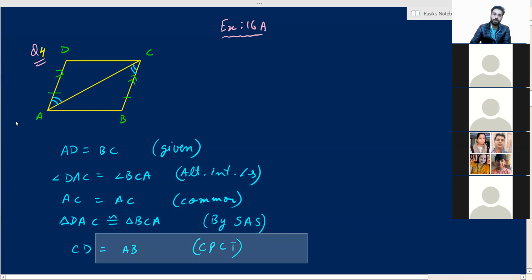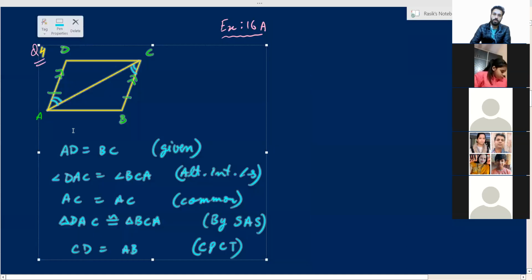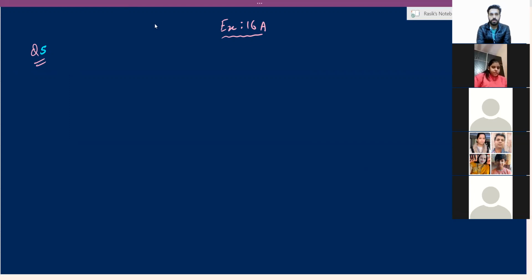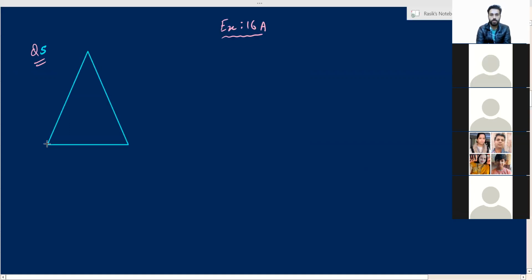Let's start with question number 5. Question 5 is, in the adjoining figure, AB is equal to AC. So draw the figure, all of you, in the copy. There is a triangle like this.